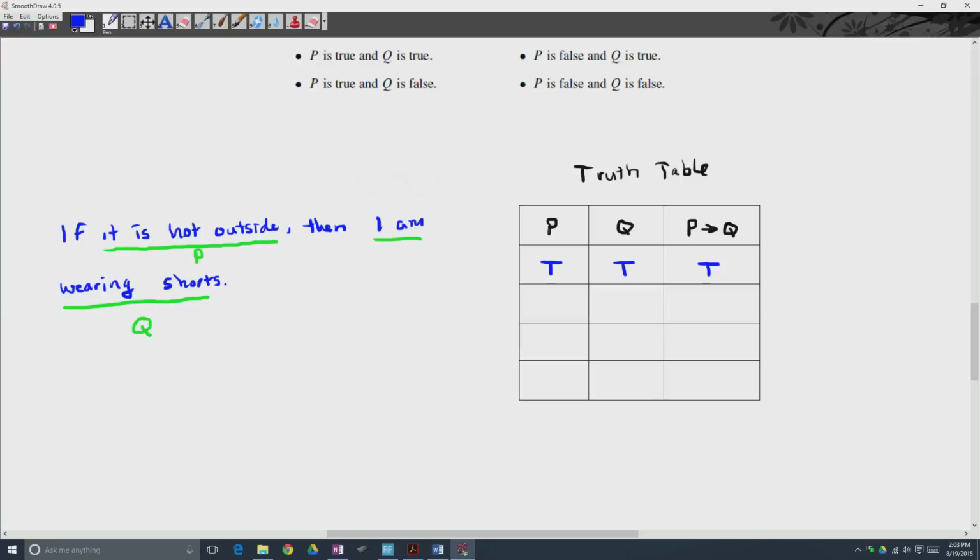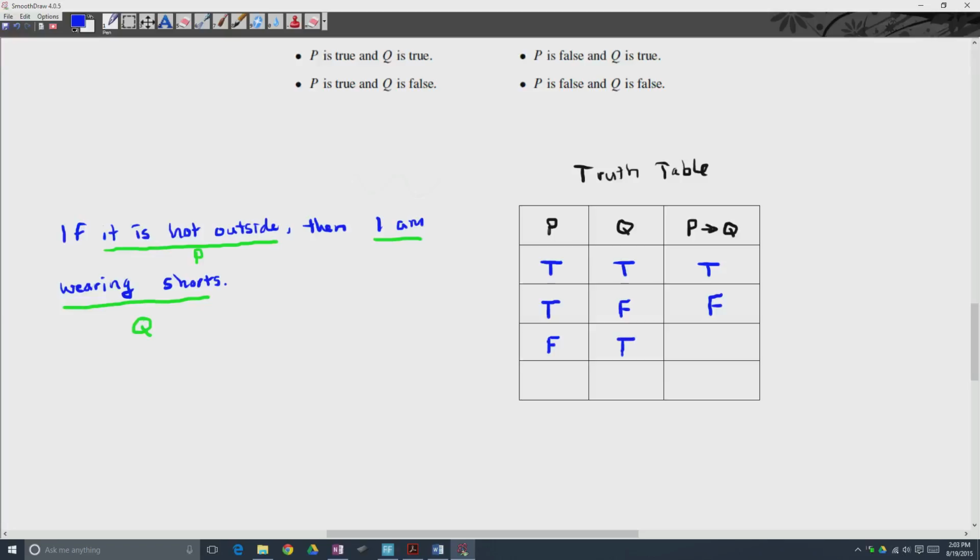Now suppose I told you that conditional statement and you observe that it's hot outside, yet I'm not wearing shorts. Is the conditional statement true? No, the conditional statement would then be false. Now suppose you observe that it was not hot outside, however I am wearing shorts.